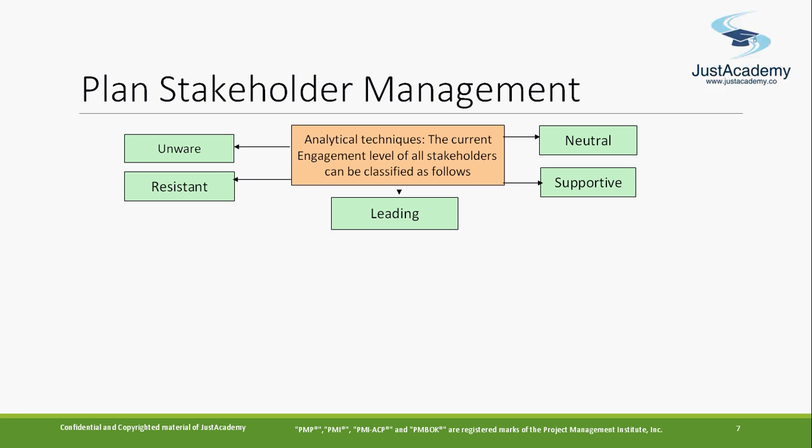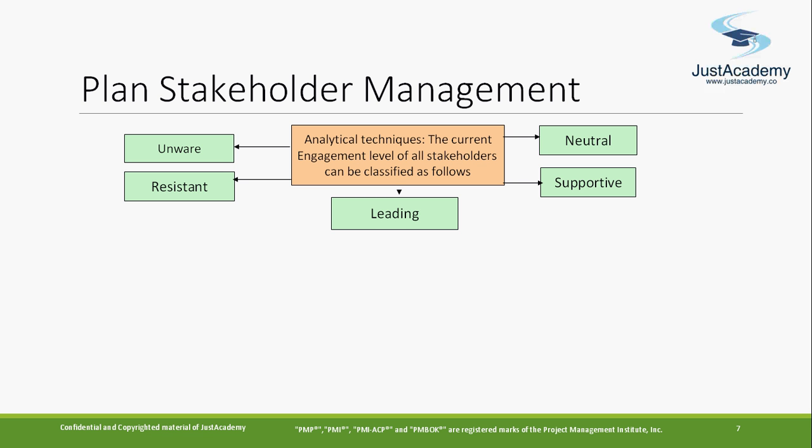Now, as part of the analytical technique, you assess the current engagement level of the stakeholders, so you can classify them into different areas. Different stakeholders are there. A few stakeholders are supportive. A few are resistant. A few are leading; they want to lead the project, and any decision, they take a decision on that.